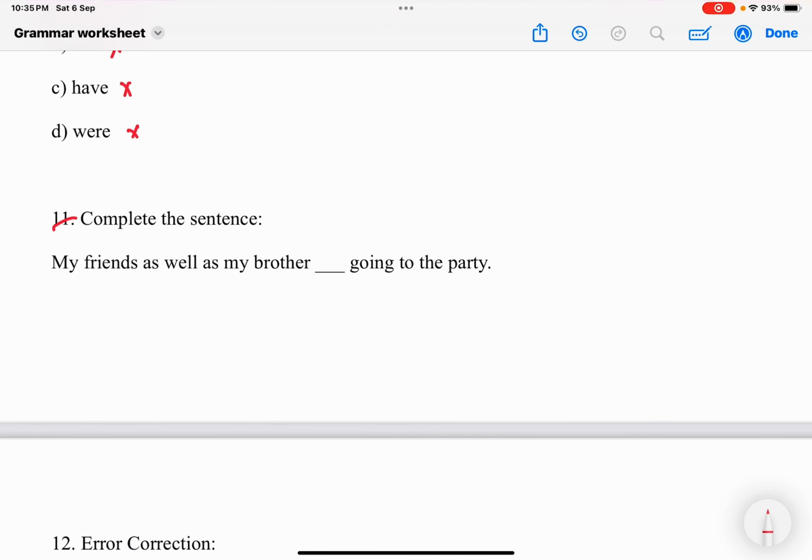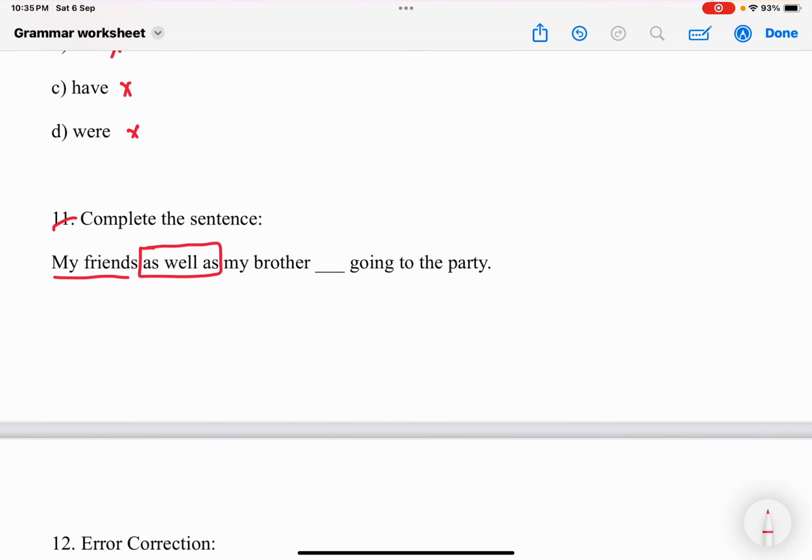Next one is complete the sentence. My friends as well as my brother dash going to the party. Okay, so here it is as well as. So when two subjects are joined with as well as or along with or together with, the verb agrees with the first subject. So here it is my friends.